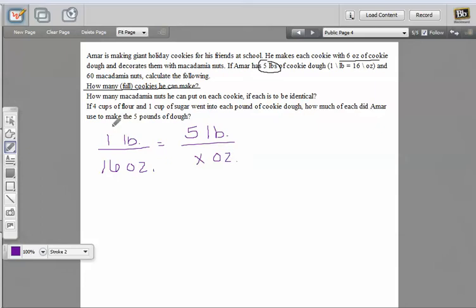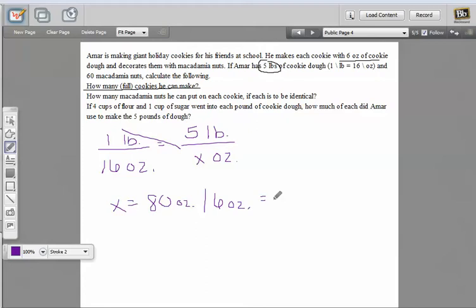We can go ahead and cross multiply. So 1 times x is just x. And 5 times 16 is 80. So we have 80 ounces of cookie dough. Now, how many cookies can he make? Let's take that 80 ounces and divide by 6, because we know each cookie takes 6 ounces.